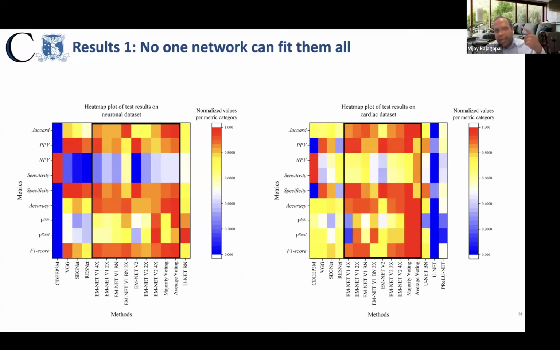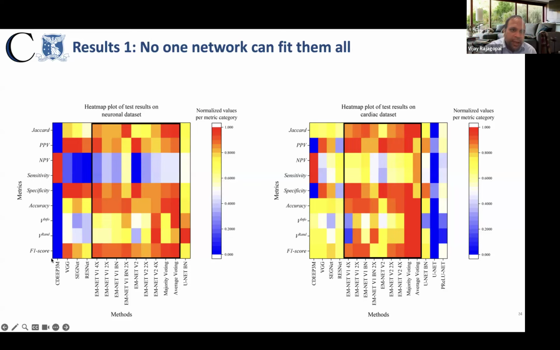Rather than just doing accuracy and F1 score alone, we said, let's examine as many metrics as we can. On the left-hand side, you can see Jaccard index, NPV, sensitivity, the VRAND score, and F1 score, and the heat map tells you how well any one model performs.